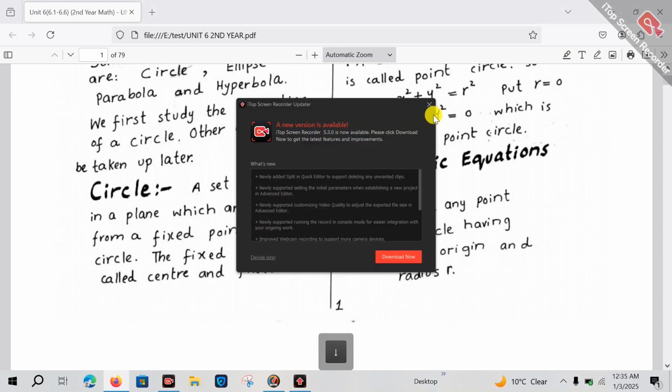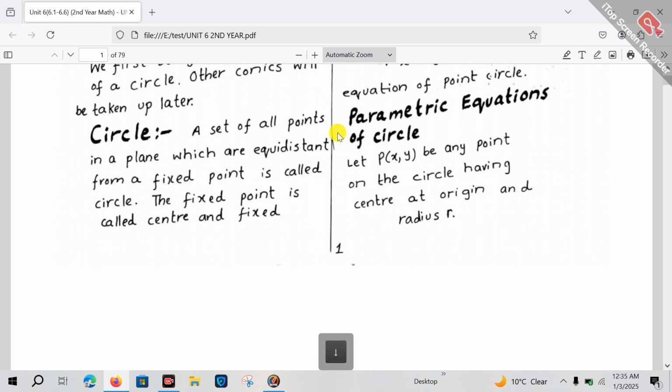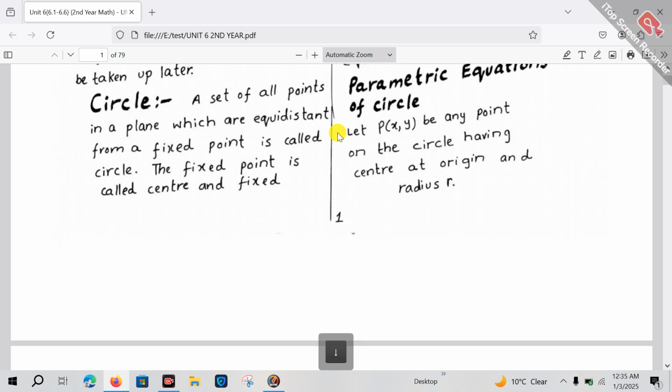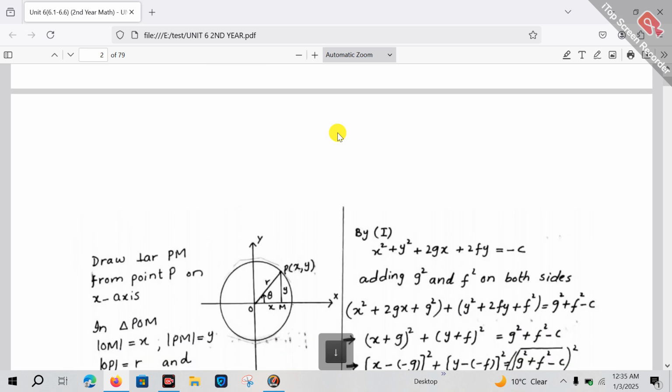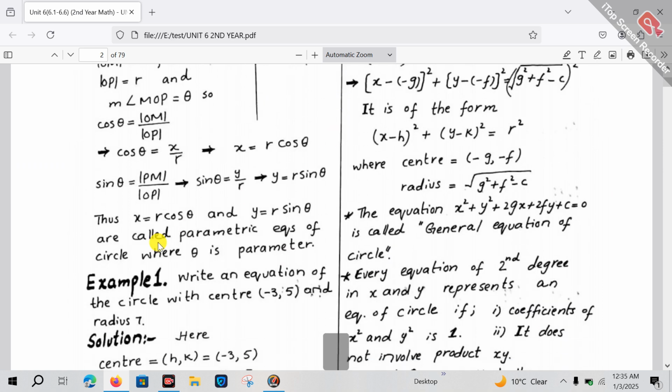Next, we are going to study the definition of the general form of equation of a circle. But before this, consider the parametric equations. So, what are these equations? x is equal to r cos theta and y is equal to r sin theta.